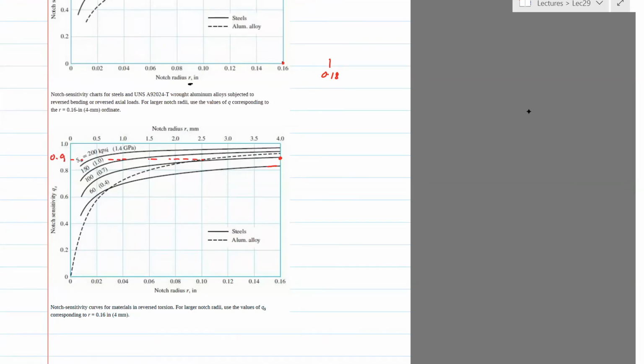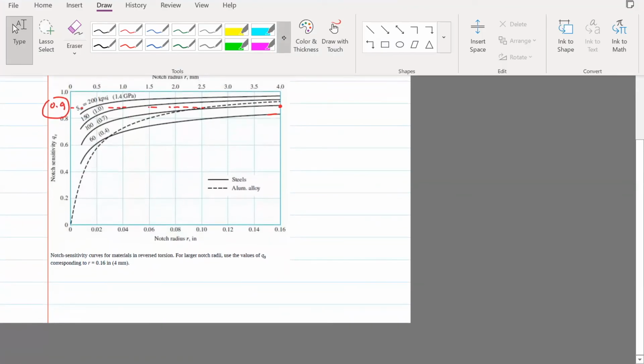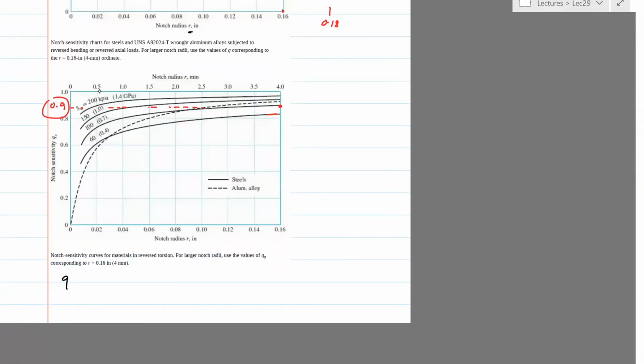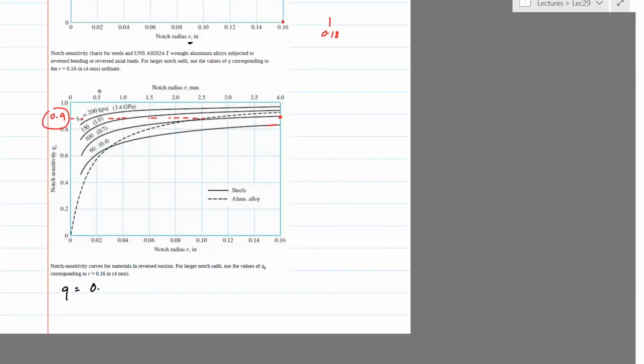Maybe 0.9. What I have from the formulas is also 0.9, so assume it's 0.9 for QS. So Q, which came from the first figure, is 0.85, and QS, which came from the second figure, is 0.9.